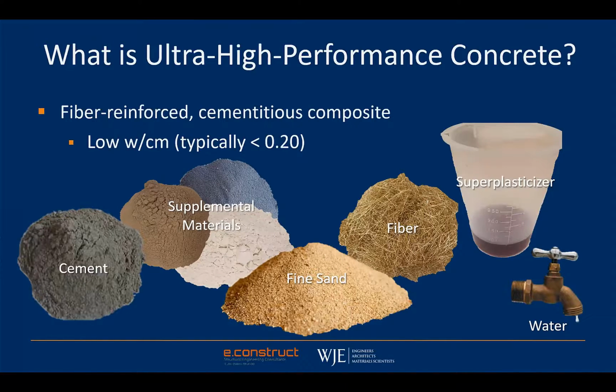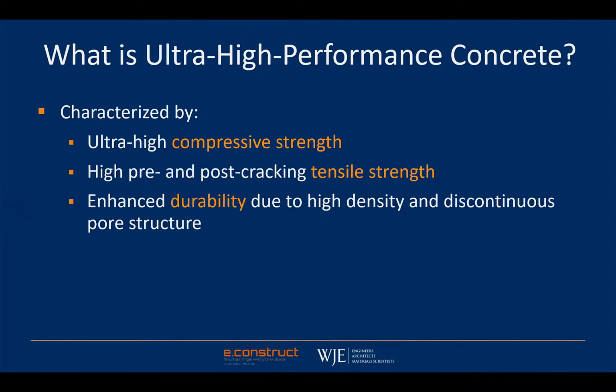The biggest difference that you'll notice relative to conventional concrete is there are no coarse aggregates, at least in most UHPCs. That's because the coarse aggregates can interfere with the function of the fibers and compromise the overall strength of the material. So how does UHPC behave? Well, there are really three things. First, it has an ultra high compressive strength.